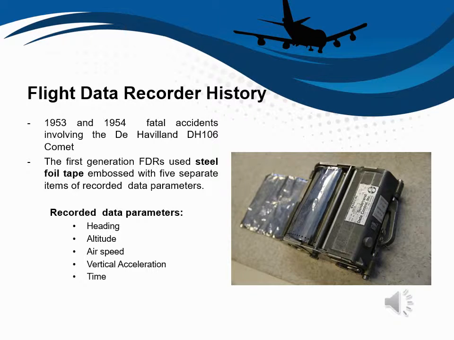The fatal accidents involving the de Havilland DH-106 Comet in 1953 and 1954 led to the need for a unit that could record flight data and cockpit conversations to assist investigators in gathering the events that led to an accident. The first FDR was made of steel foil tape and was capable of recording 5 parameters.